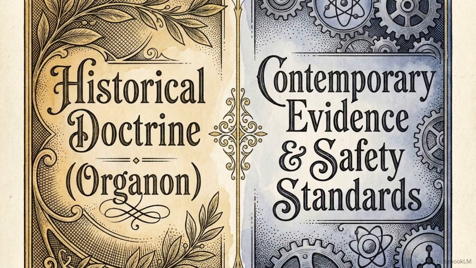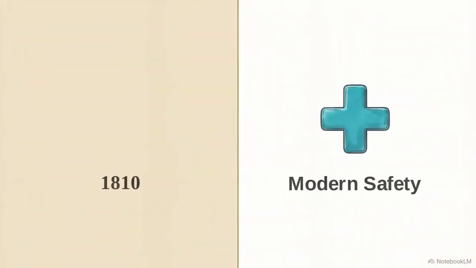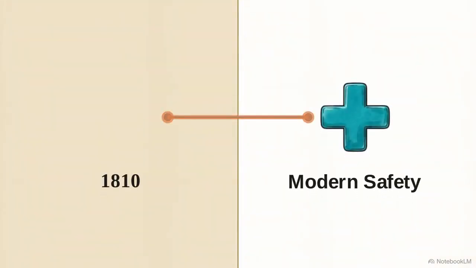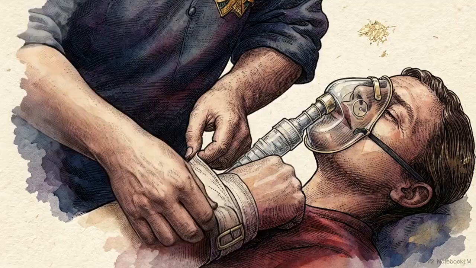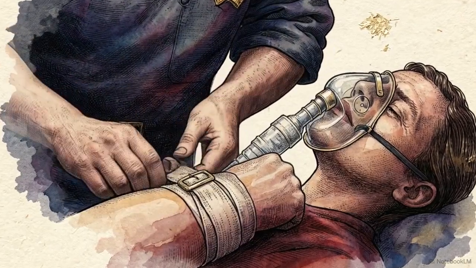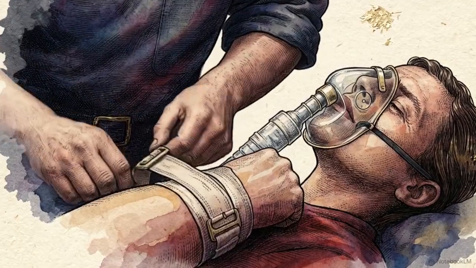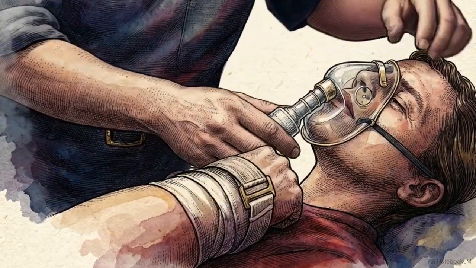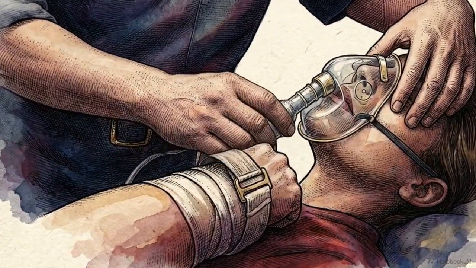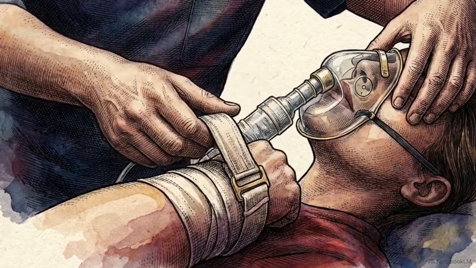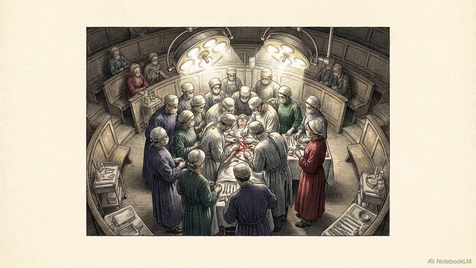But applying this historically requires responsible academic framing. Sound clinical reasoning demands that we hold Hahnemann's historical philosophy in tension with modern safety protocols. While antipathy cannot cure a chronic disease, targeted palliation remains a humane and ethical necessity in cases of acute trauma or end-stage palliative care.